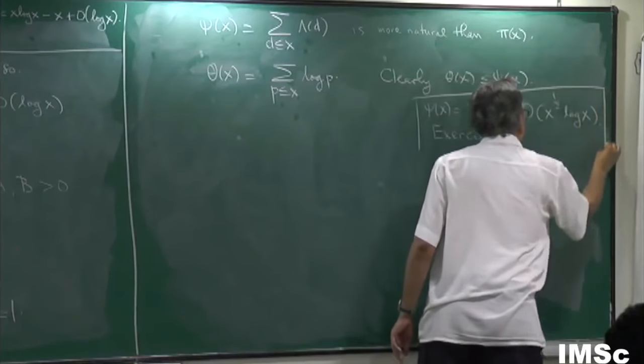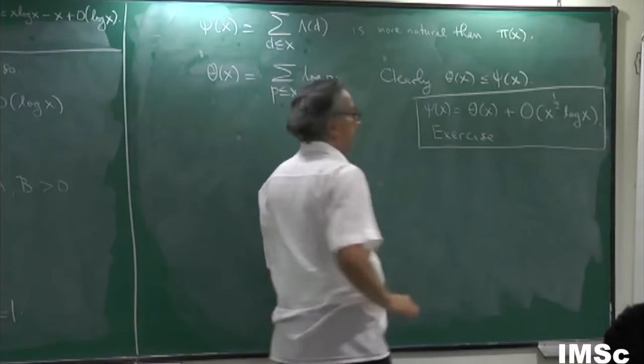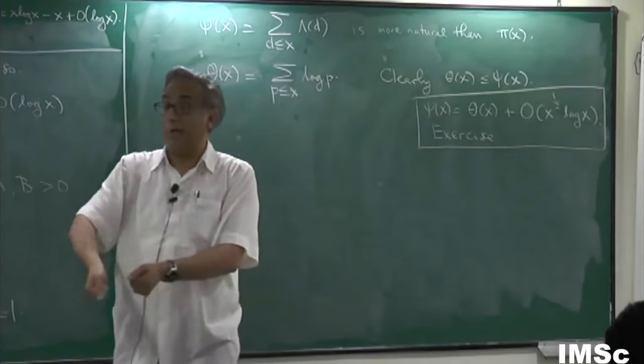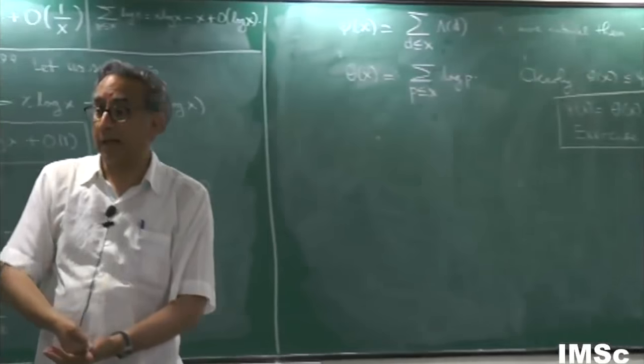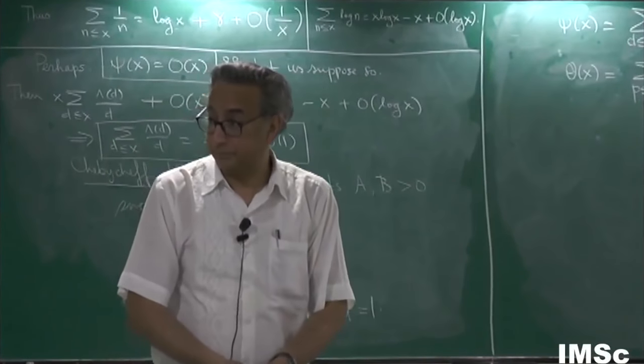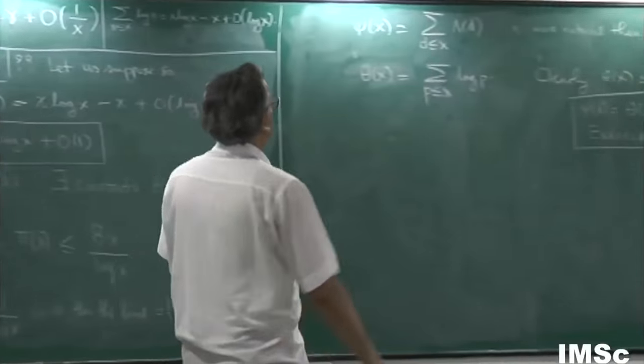So psi of x and theta of x are very close together, and the error term is x to the half log x, because those are the prime powers, cubes, and so on and so forth, right? Okay, so you get that.